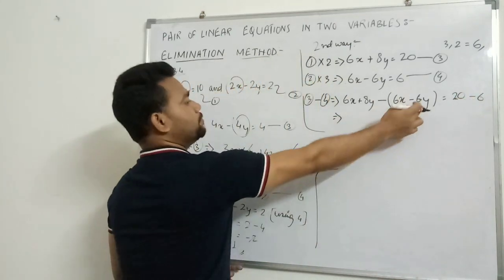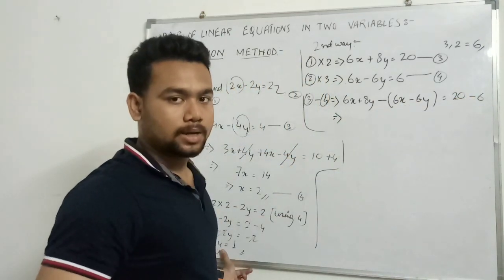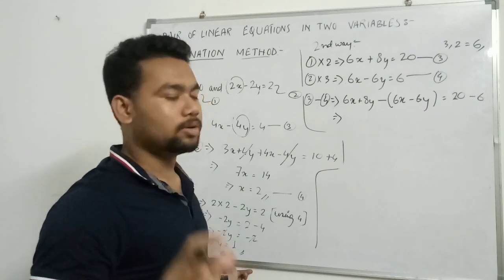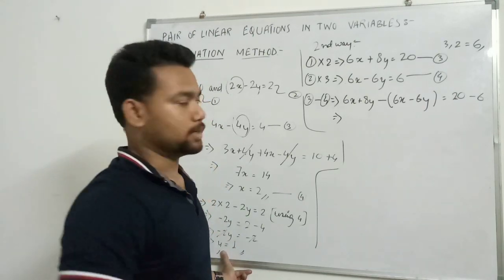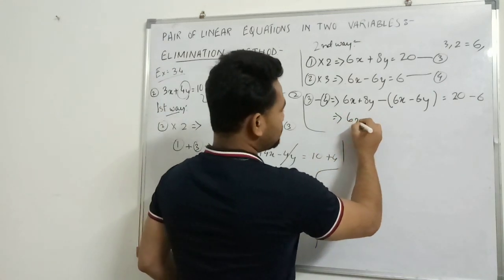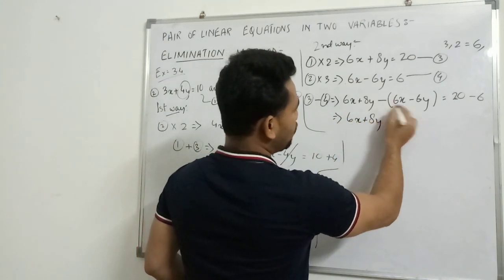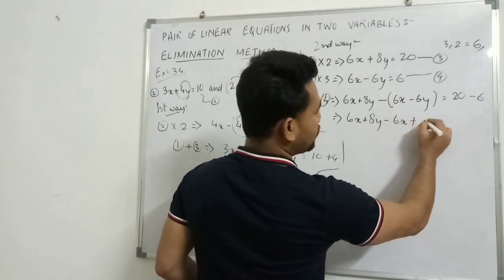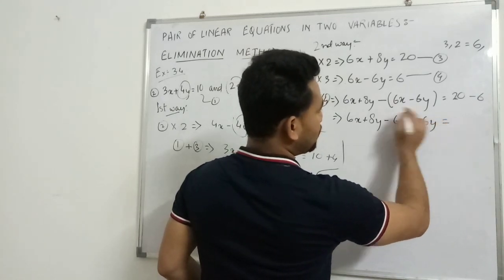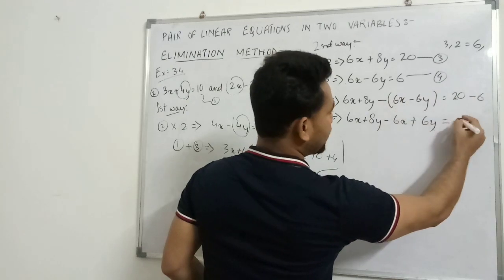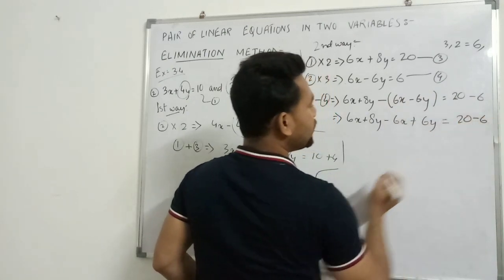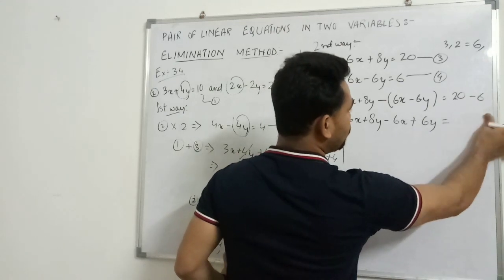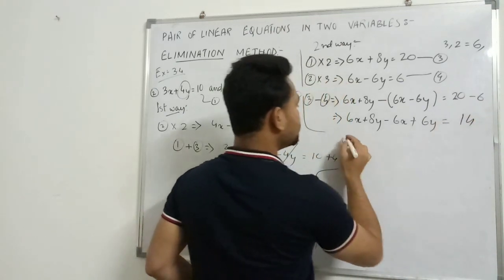If you don't use those brackets, you are going to make a mistake. So 6x plus 8y, open it up: minus 6x, minus minus plus. That's the very reason I use brackets, so that I stay away from mistakes. So 20 minus 6 is what? It's 14.